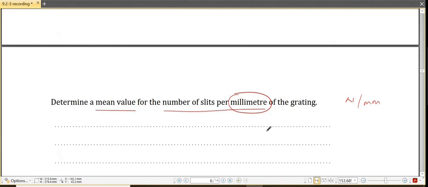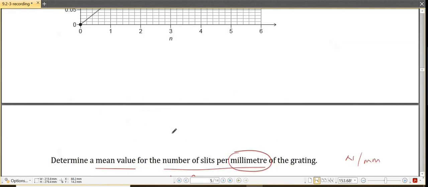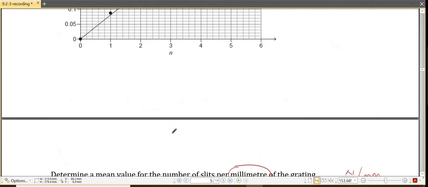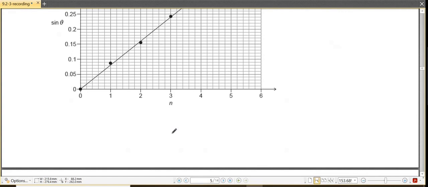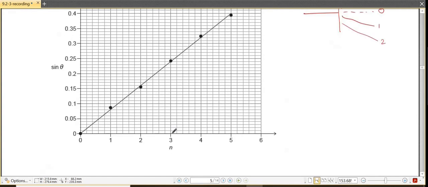So what's the equation for diffraction grating? n lambda equals d sine theta. Of course, I have told you, whenever you have to use a graph, it will be either a gradient, area under the graph, y-intercept or x-intercept, right?